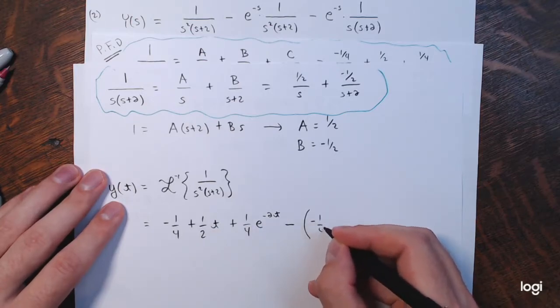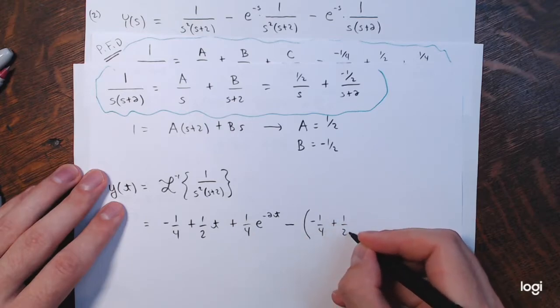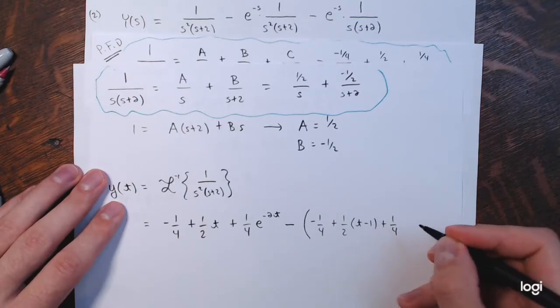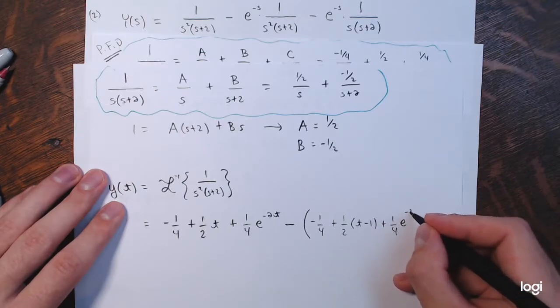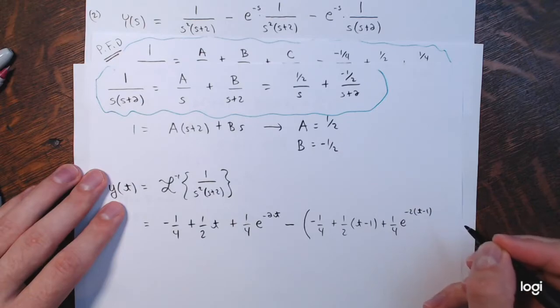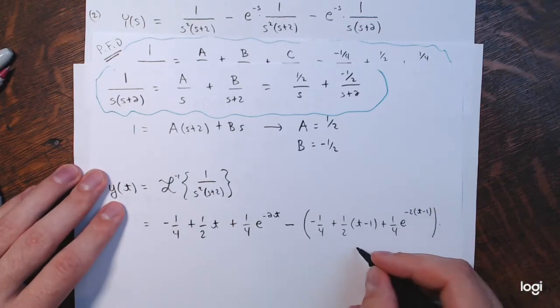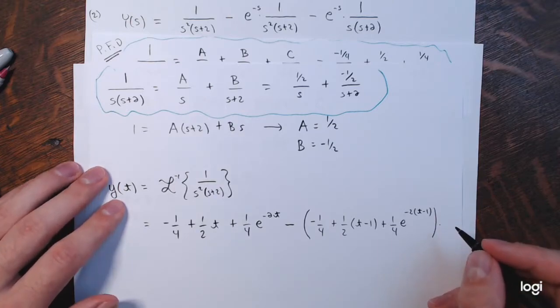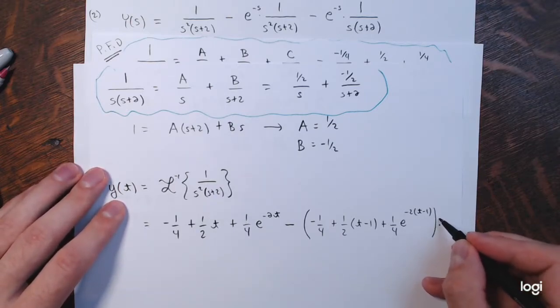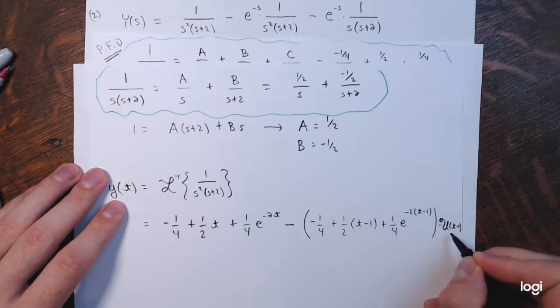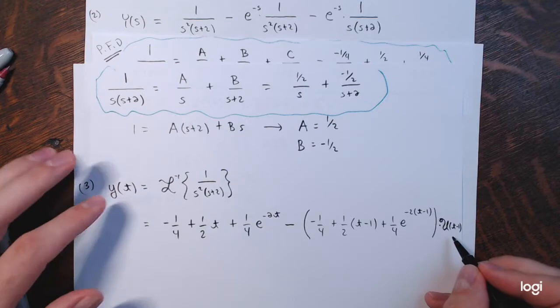Negative 1/4 plus 1/2 times the quantity t minus 1 plus 1/4 times e to the negative 2 times the quantity t minus 1, all that times the unit step function at t minus 1.